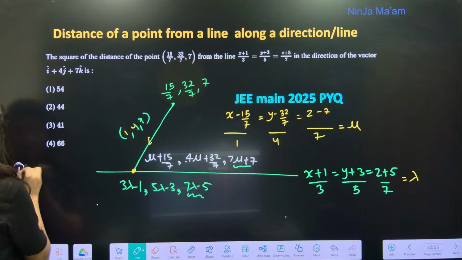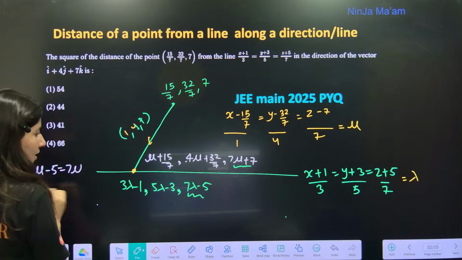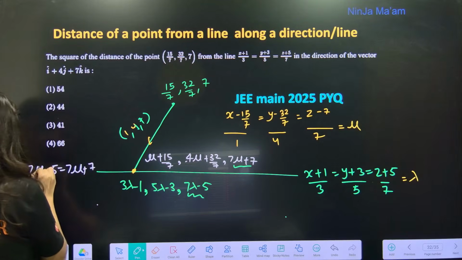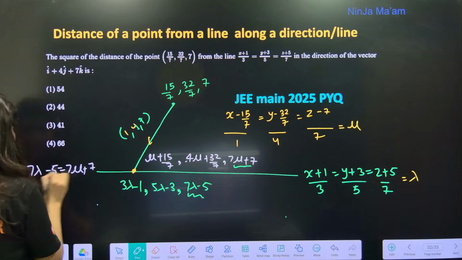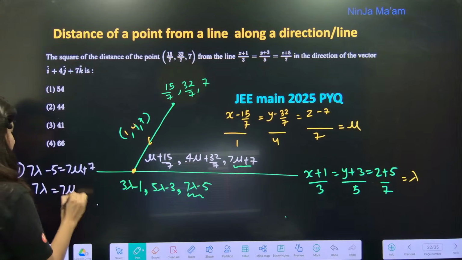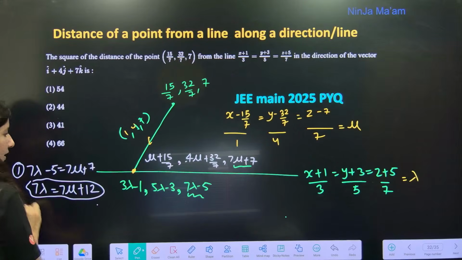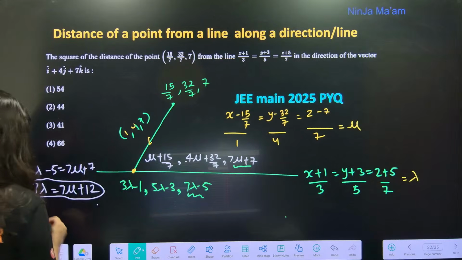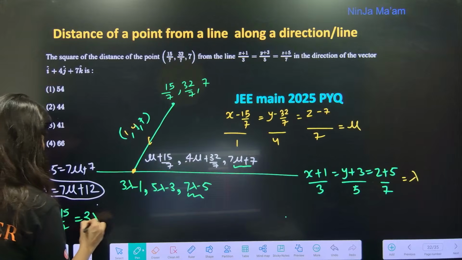So first 7 mu minus 5 is equals to 7 lambda minus 5 is equals to 7 mu plus 7. So this is your lambda. 7 lambda minus 5 is 7. So 7 lambda is equals to 7 mu plus 12. This is first thing. Second, equate what? Yes, so mu plus 15 by 7 is equals to 3 lambda minus 1.